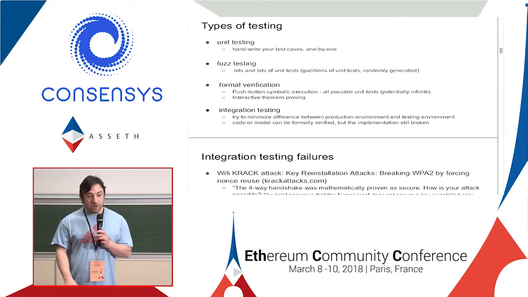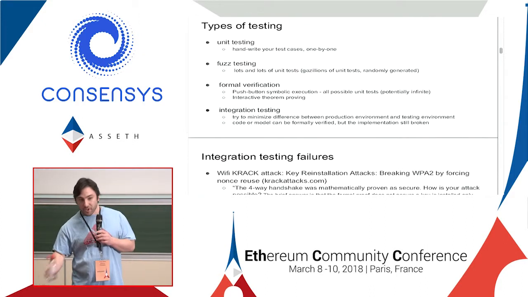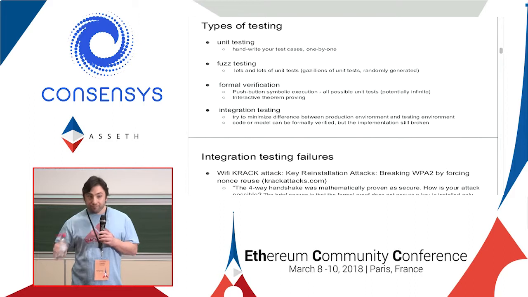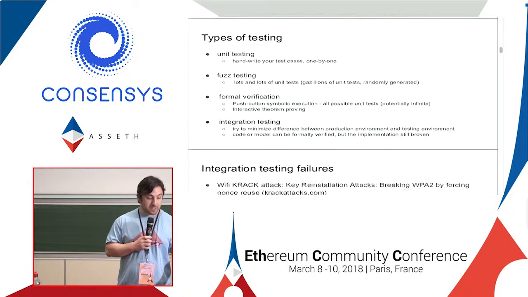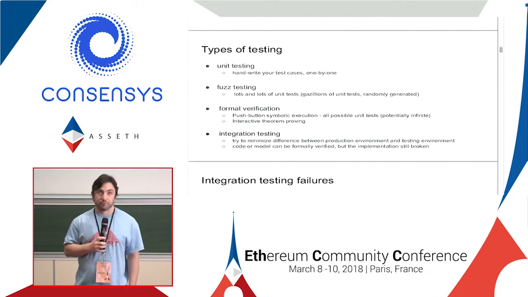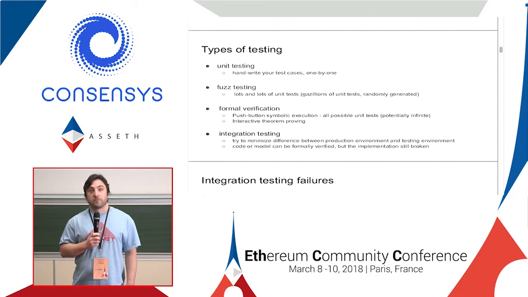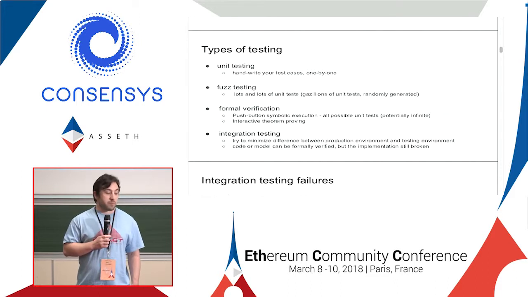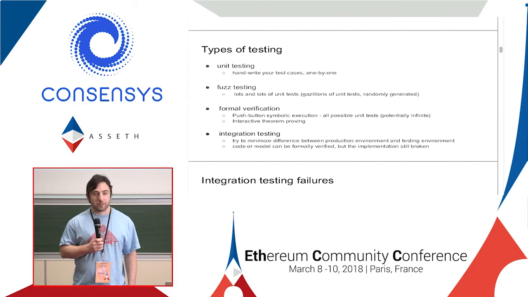Unit testing, everybody probably understands. You have to write your test cases one by one, and we spent a lot of time doing this for Byzantium. Thinking hard, what types of edge cases can we create?